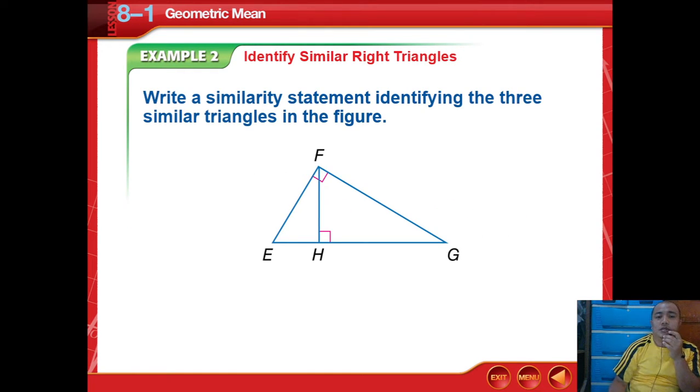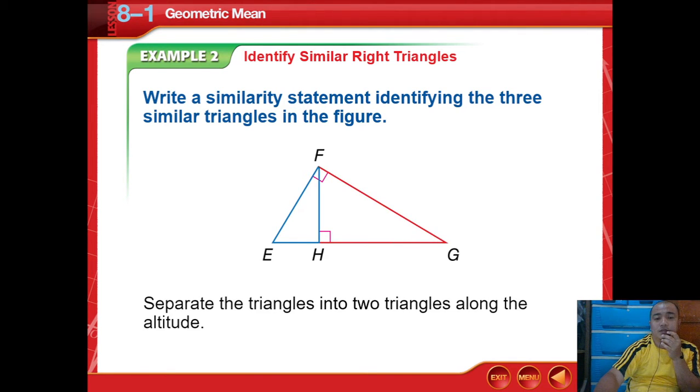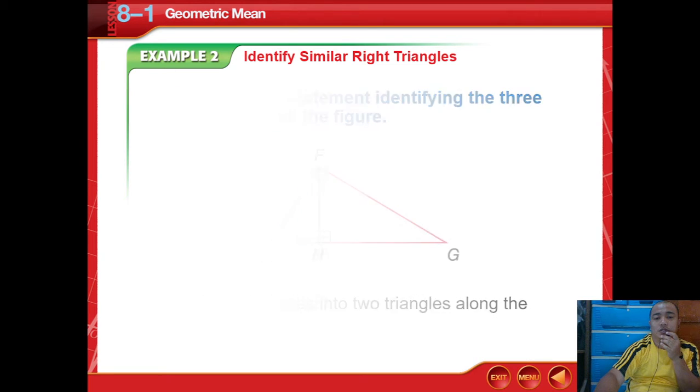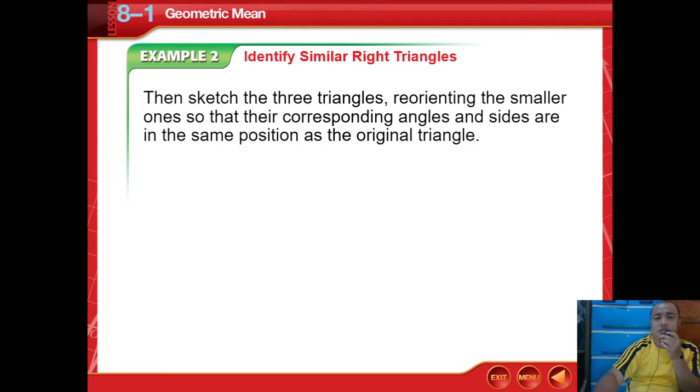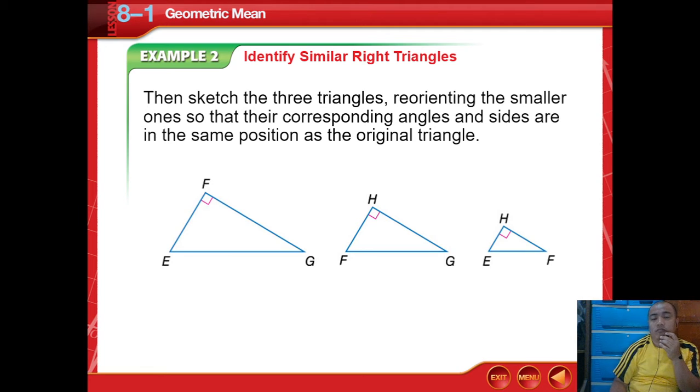So identify similar triangles. Write the similarity statement identifying the 3 similar triangles in the figure. Separate the triangles into 2 triangles along the altitude. Then sketch the 3 triangles, reorienting the smaller ones so that their corresponding angles and sides are in the same position as the original triangle. Those will be the 3 triangles formed from the original triangle EFG.